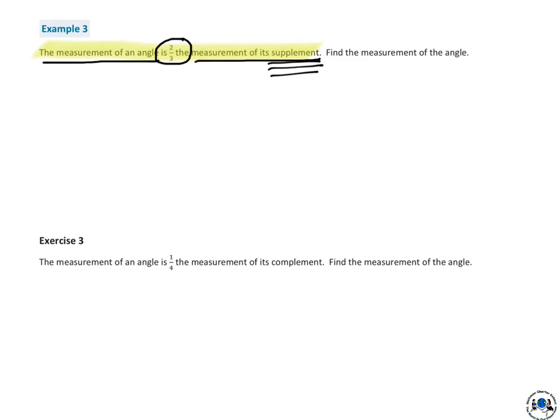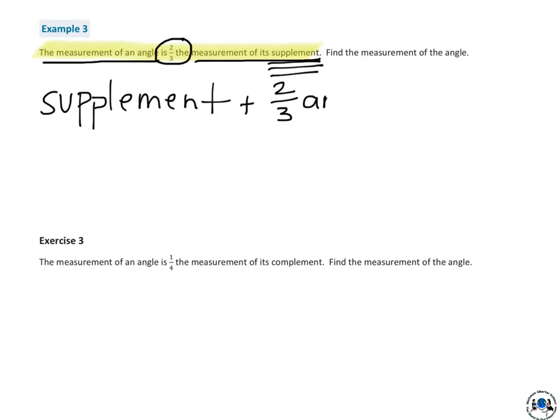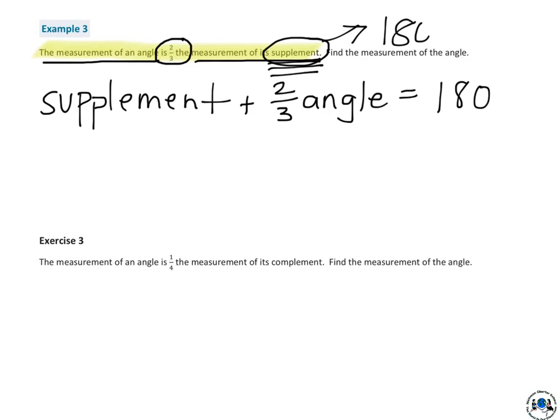Okay, so let's just write these down anyway. So here, what we're doing is we're taking the supplement, and then we are adding 2/3 of that angle, and that of course is going to equal 180, because when we're talking supplementary, we are always thinking immediately of 180 degrees.